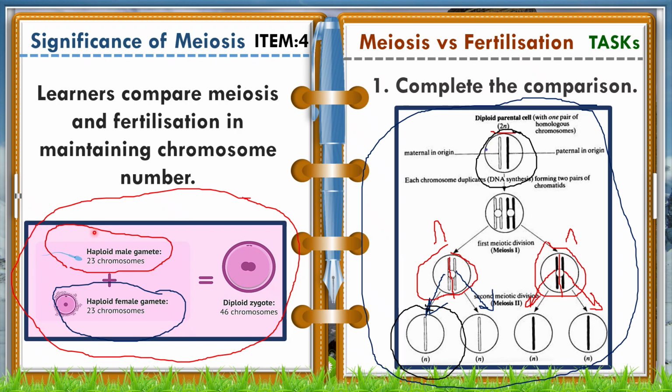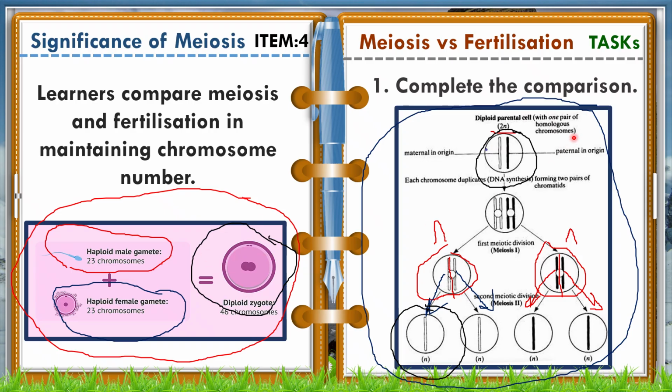When they combine, they bring the chromosomes together and add them together, and they end up forming a cell which has 46 chromosomes, which we are now calling a diploid. So when you look at fertilization, we start with half cells and we end up with a single cell with a diploid number. Half number ending up with diploid number.